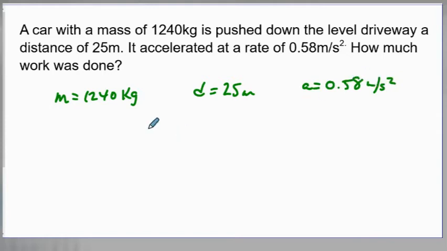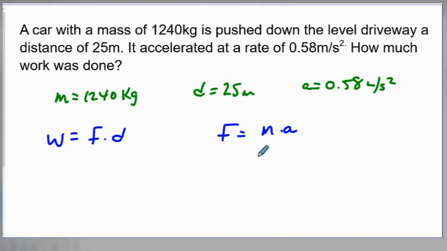Now, we don't know the force here. We know that the work being done is the force times the distance, but we don't have the force. But we do know from previous work that our force is the mass times the acceleration.